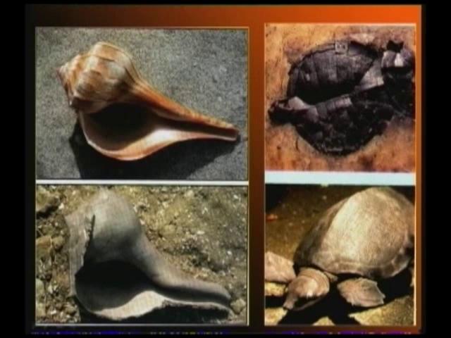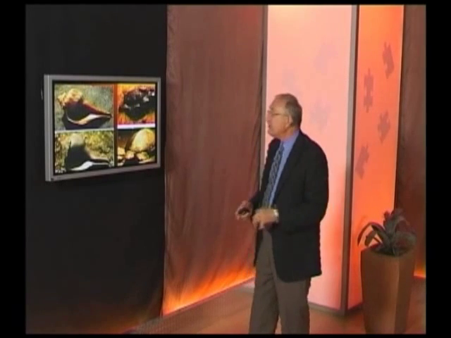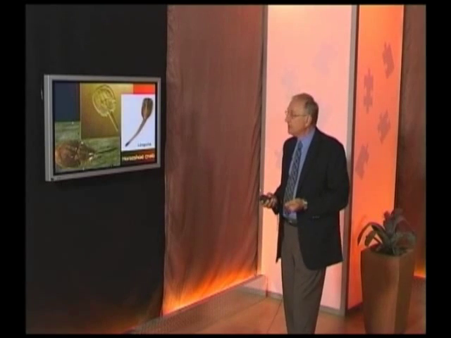If we look at these, we have the fossil in the bottom and the living form in the top. Whether we're looking at the mollusks on the left or whether we're looking at the tortoises and the sea turtles on the right, unchanged. There is no evidence for this slow evolutionary change over time.